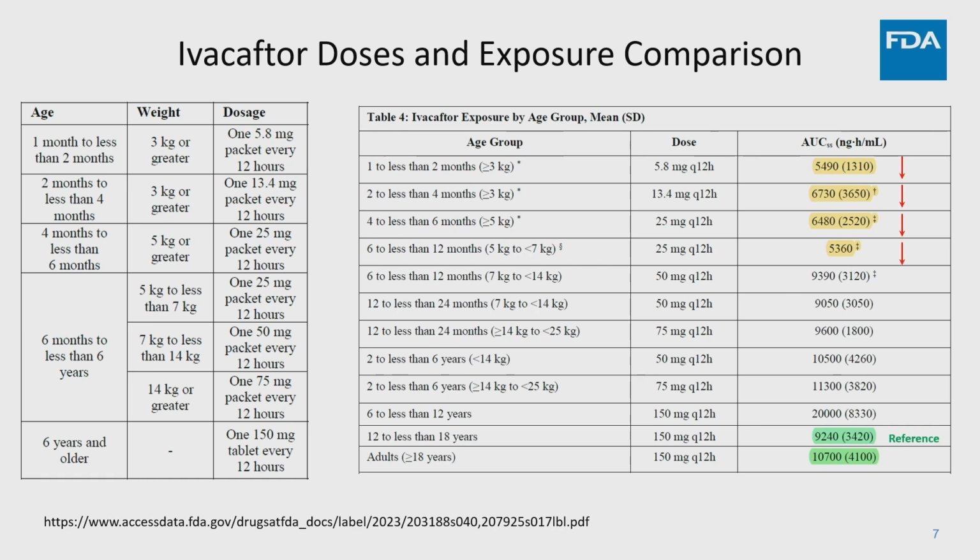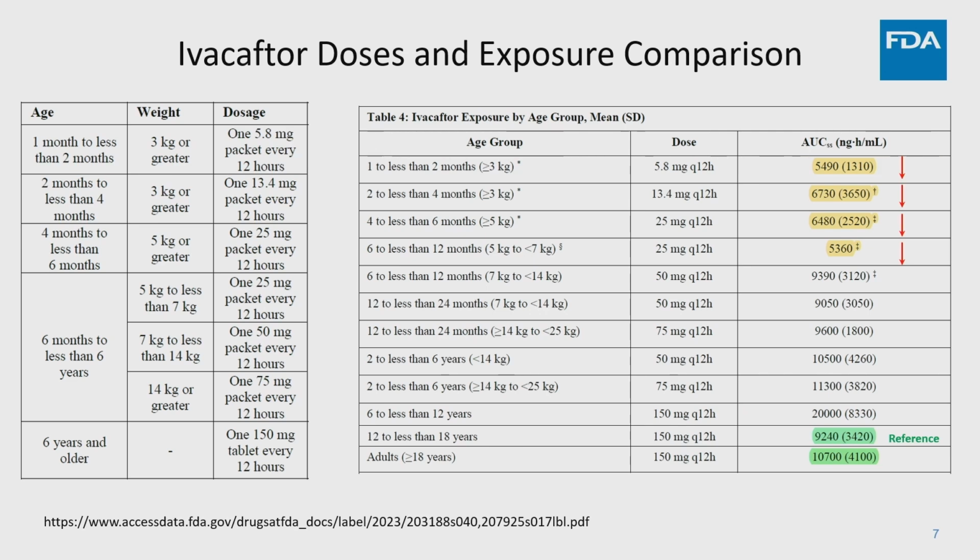In children below 6 years old, particularly neonates and infants below 12 months of age and body weight below 7, in those 4 cohorts we highlight at the top of this table, the exposure was about 5,000, which is 50% lower than the adult exposure levels. And those approvals were based on exposure matching without an efficacy double-blinded study.